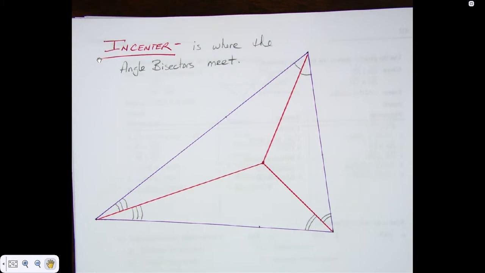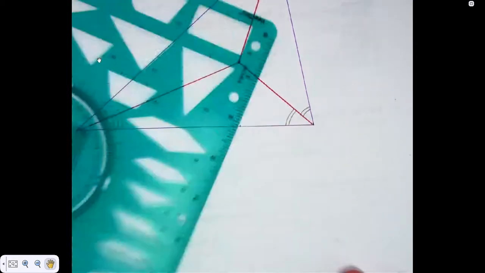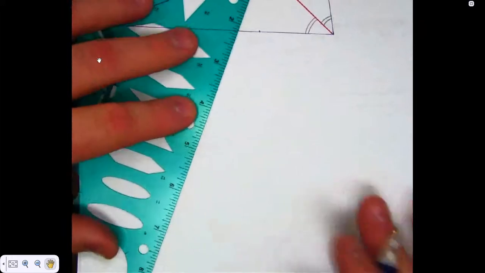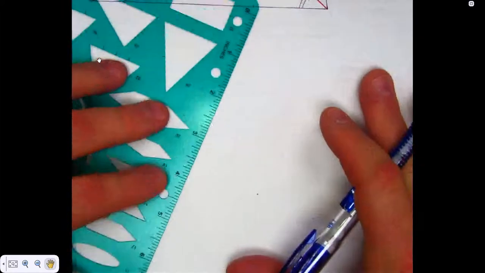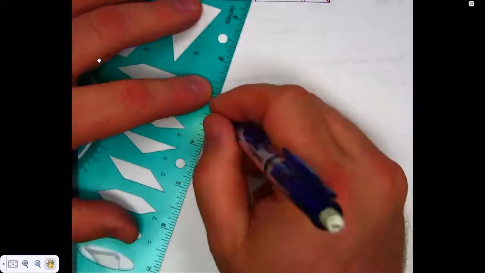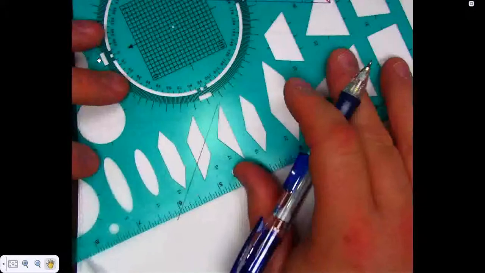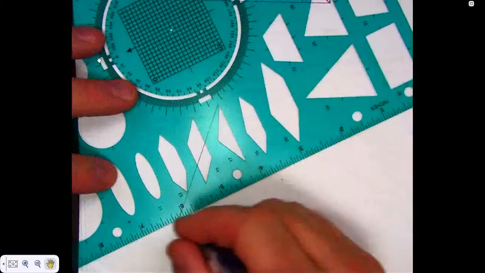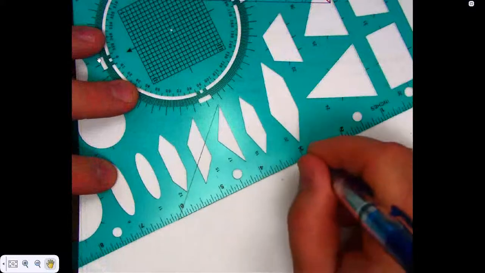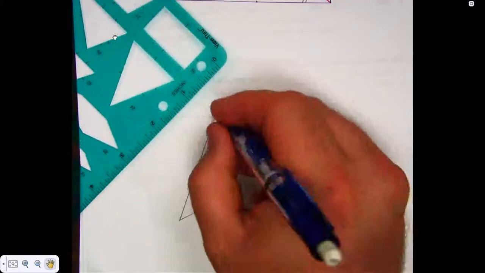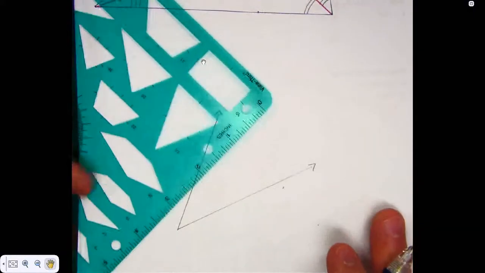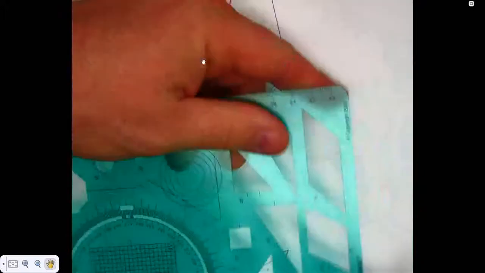Now, let me tell you something interesting about an angle bisector. So let's go down here, before we go back to this, and talk about as simple an angle bisector. Now, let's move this like this.